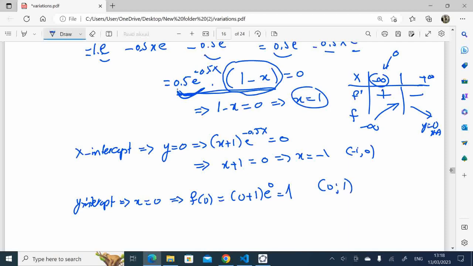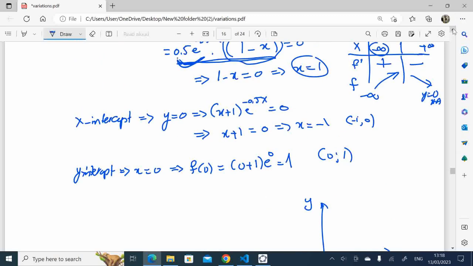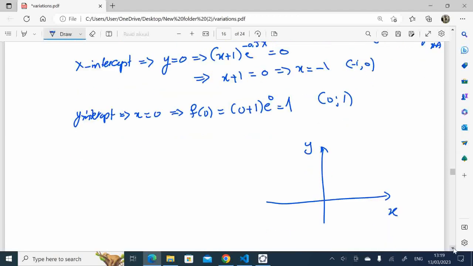So let me draw a rough curve here, and then we'll draw it again clearly using GeoGebra. So this is x, this is y. So first we should draw the asymptote. So we have y equals 0 horizontal, y equals 0 means the x-axis.